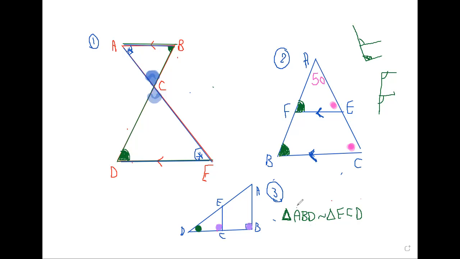AB over EC. Yes, AB over EC. And the second? BD over CD. So AB over EC will be equal to BD over CD, equal to AD over ED. Understood this part? Yes.